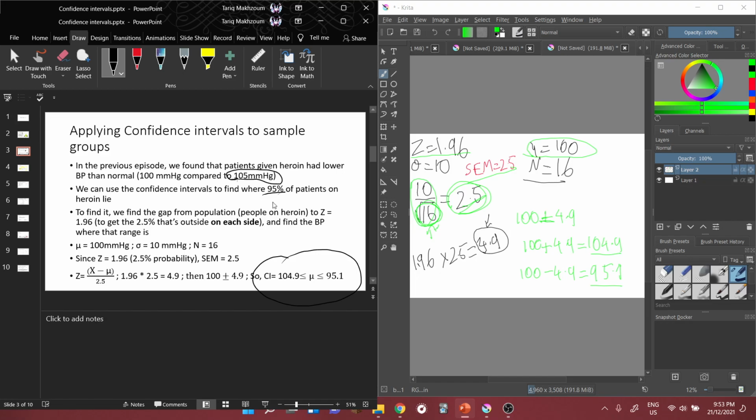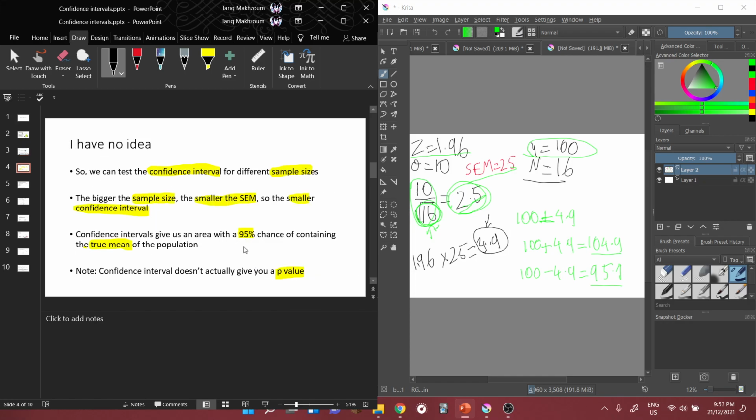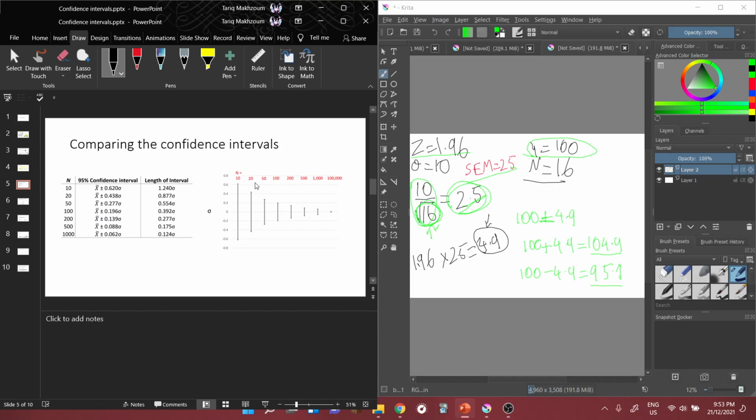But we don't know how much the p-value actually is. So it could be 4%, it could be 3%, and it could be like 1%, right? And so you'd have to calculate the p-value separately. Okay, so this is just a demonstration with sample size.